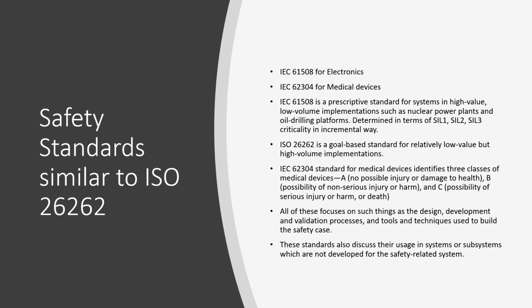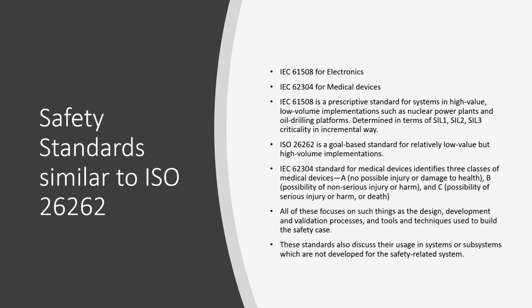As we have ISO 26262 ASIL levels A, B, C, D, similarly in IEC 61508 we have SIL 1, SIL 2, SIL 3, and for 62304 for medical devices we have A, B, C categories based on the criticality of the medical device.